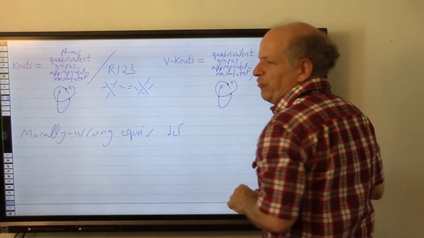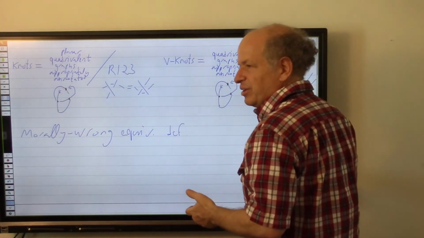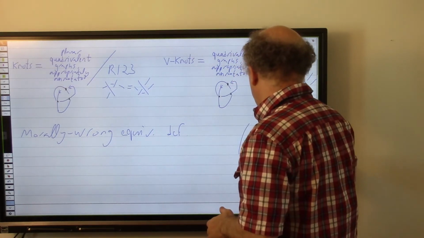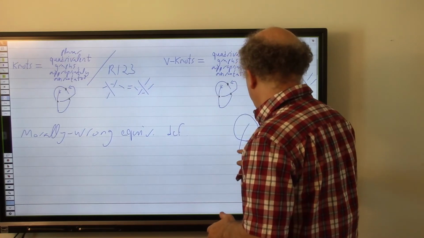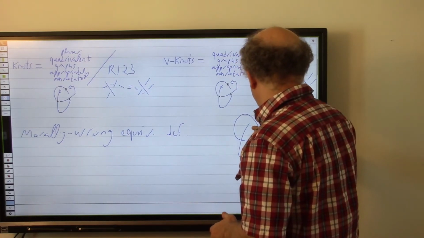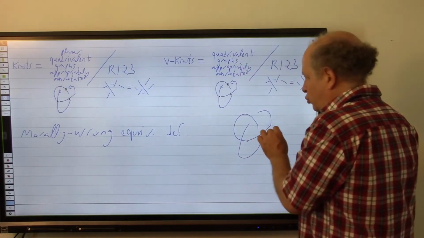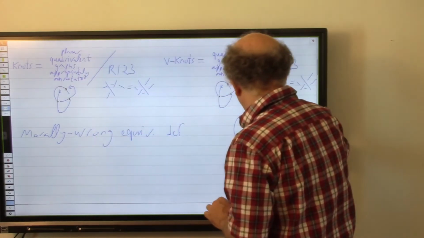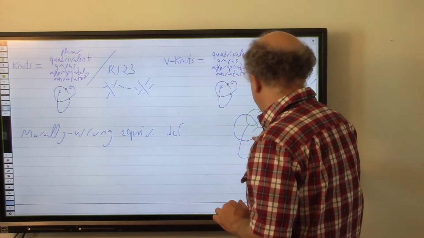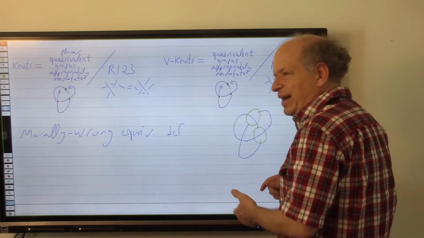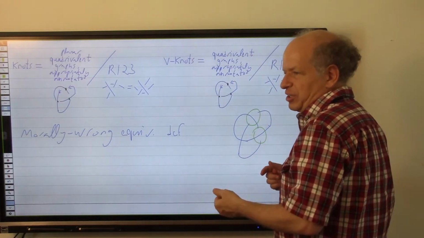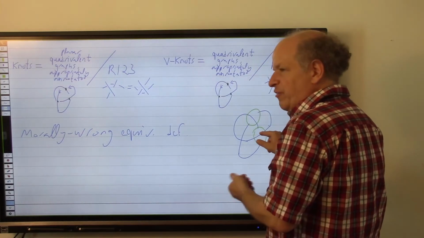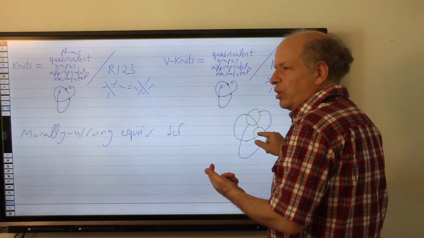Let me give you an example of a virtual knot. Here is a picture. It would be like the trefoil, except this is a two-crossing virtual knot. The two crossings are here and here. So it's a quadrivalent graph with two crossings. Out of every vertex come out 4 edges.